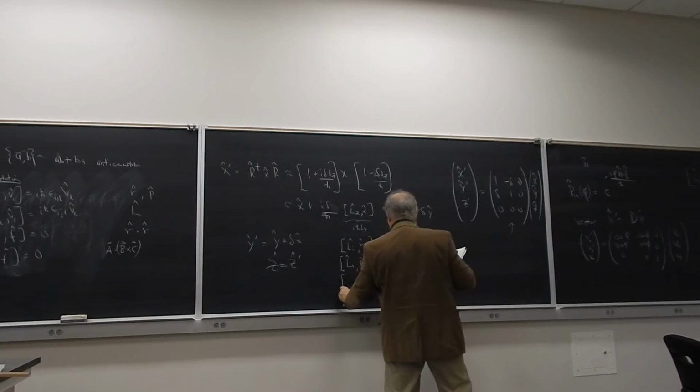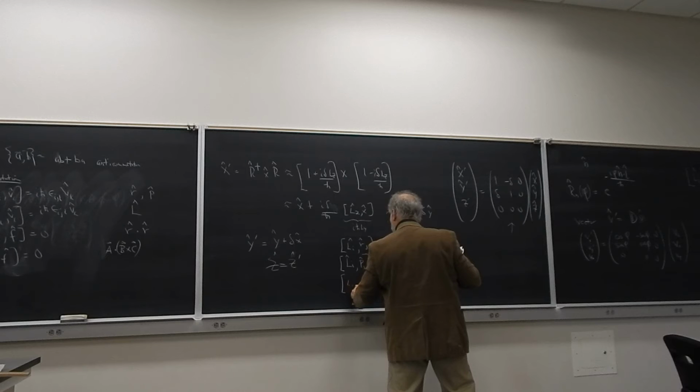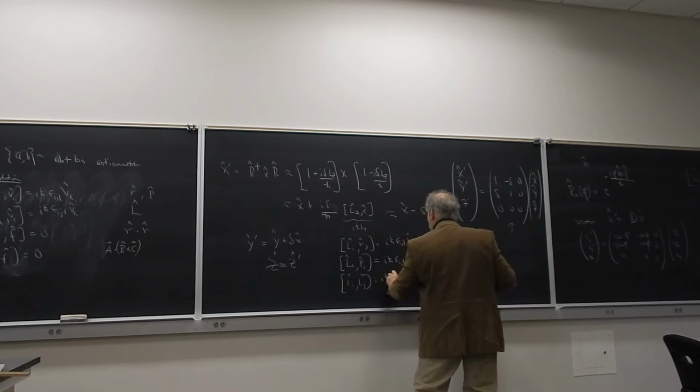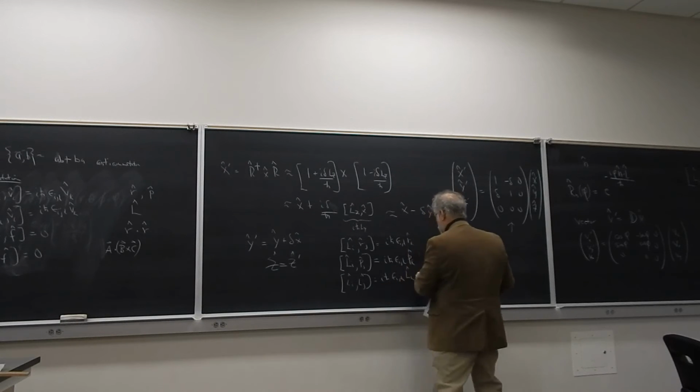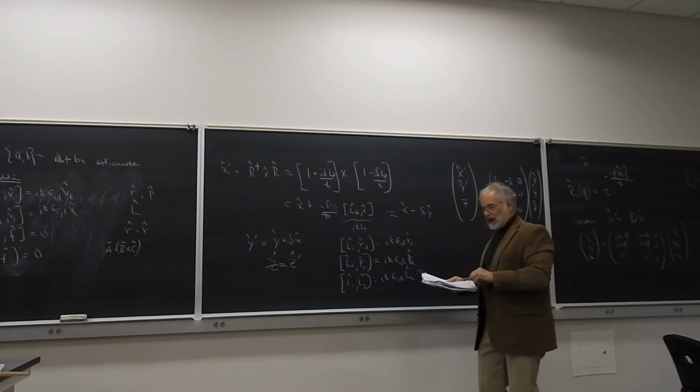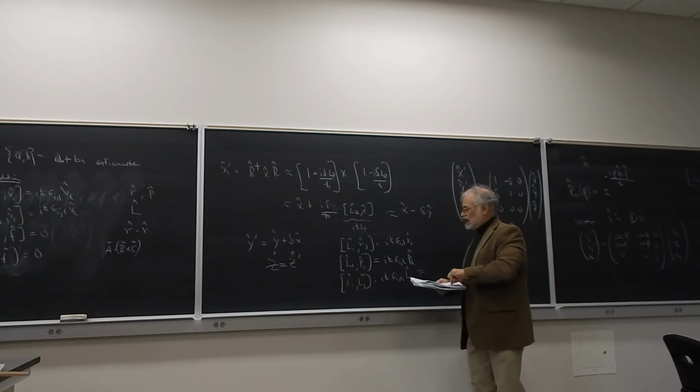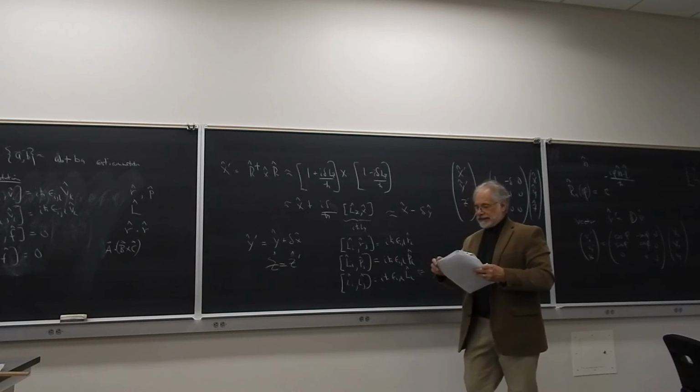And then finally, of course, L_i L_j gives me i h bar epsilon ijk L sub k, as you did much earlier. It all stands here. It all follows logically.